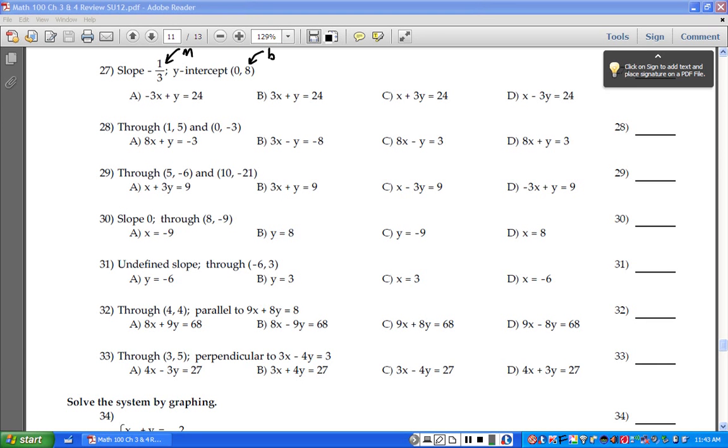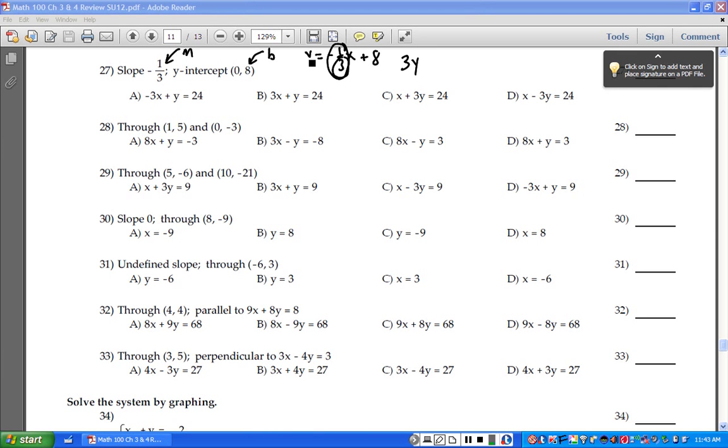Okay, so y equals mx plus b. There's our m and a b. So it's already in slope-intercept form. Now I need it in standard form. Standard form says we don't like fractions. We like all integer coefficients. So I get rid of that fraction right there by multiplying everything by the common denominator, which in this case is the 3. So I multiply everything by 3.